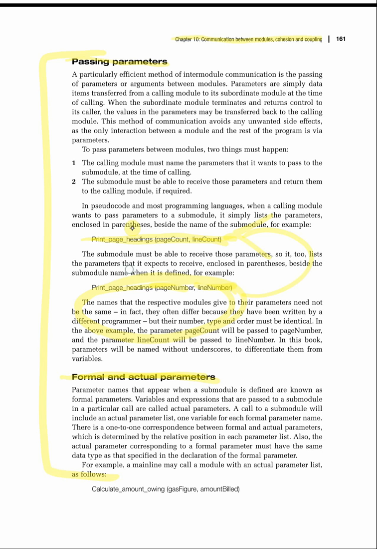When this print page headings module is done running, the copy of that data goes away. It's gone. And the flow of control is given back here to the main line, where the original data, page count, line count, has not been changed as a result of calling a subordinate module.